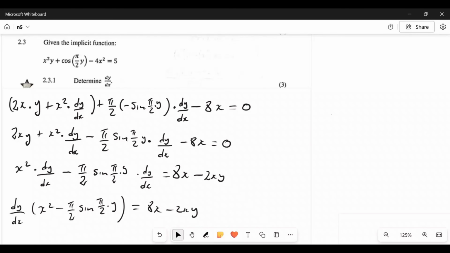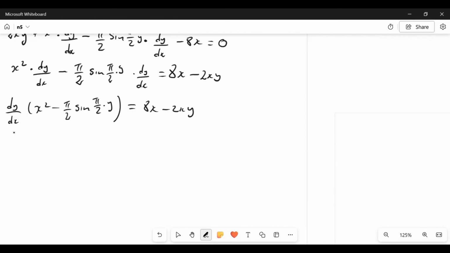Right, so let's create space, guys. We have to divide by all of x squared minus pi over 2 sine(pi over 2y). If we divide on the left hand side, we're going to be left with dy over dx.